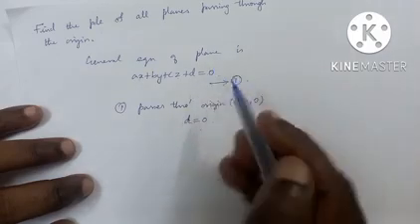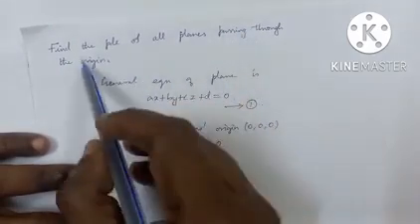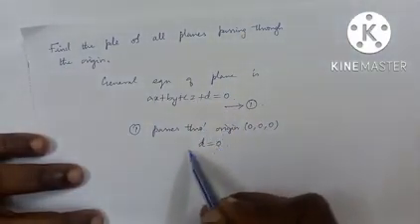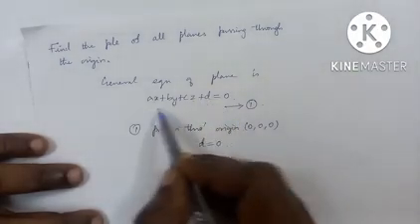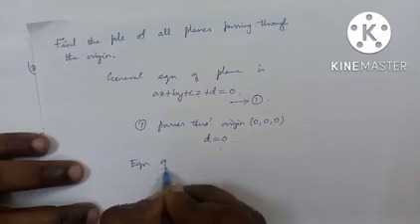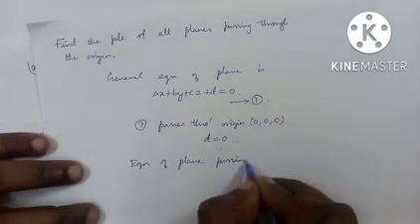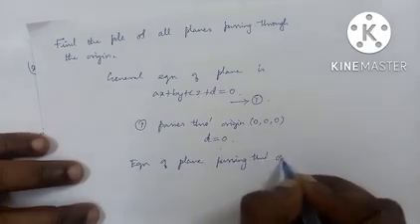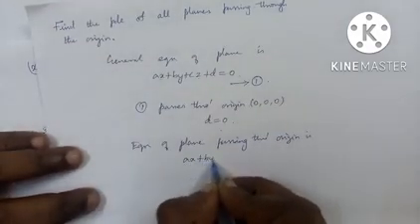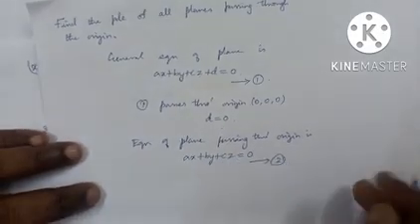Substitute this d equal to 0 in the first equation. We will get the plane passing through the origin. This is the general equation of a plane. When it passes through the origin, d is 0. Substitute. So what is the equation of the plane? The equation of the plane passing through the origin is ax plus by plus cz equal to 0, which is the required equation, right?